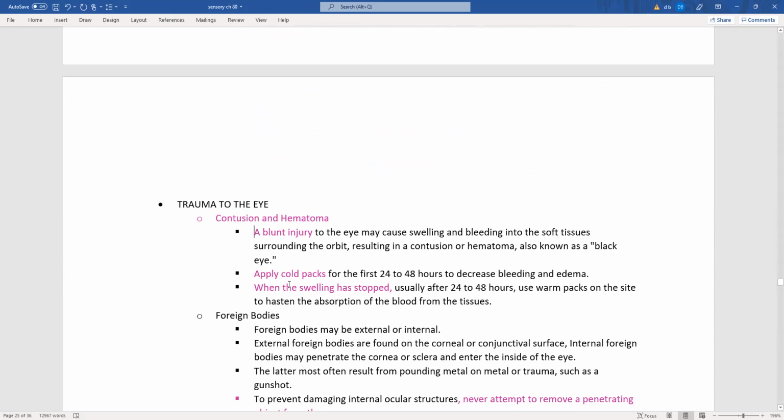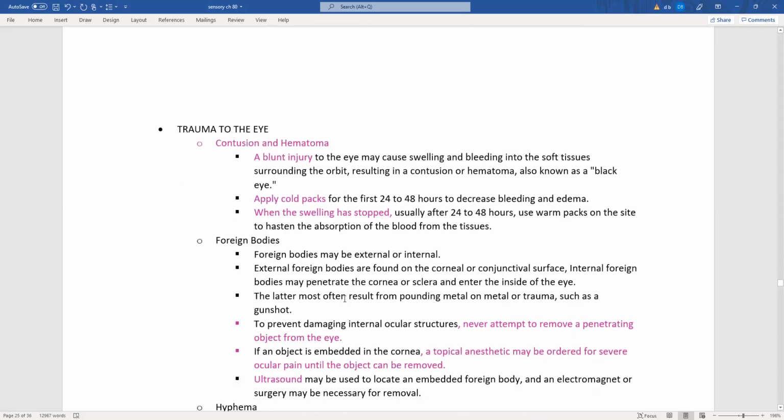Apply a cold pack for the first 24 to 48 hours to decrease the bleeding and edema. When the swelling has stopped, usually after 24 to 48 hours, you then use a warm pack on the site to hasten the absorption of the blood from the tissue. I think we need to know all that. How to heal a black eye, basically.